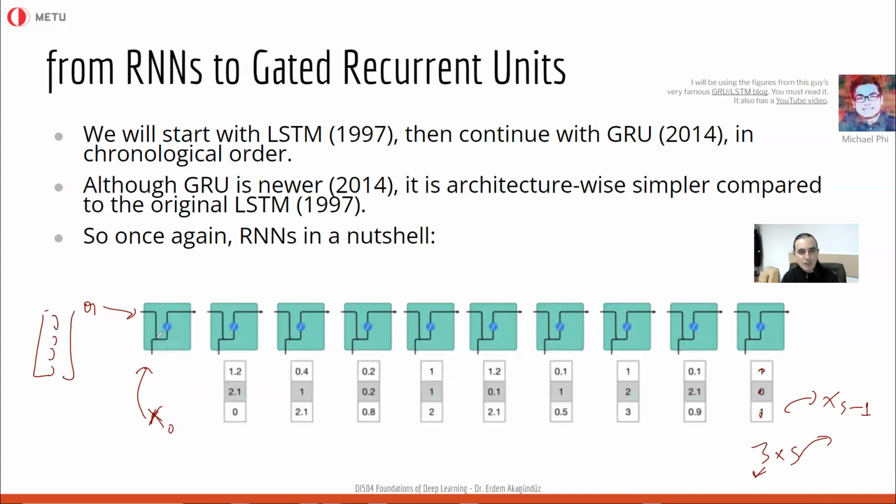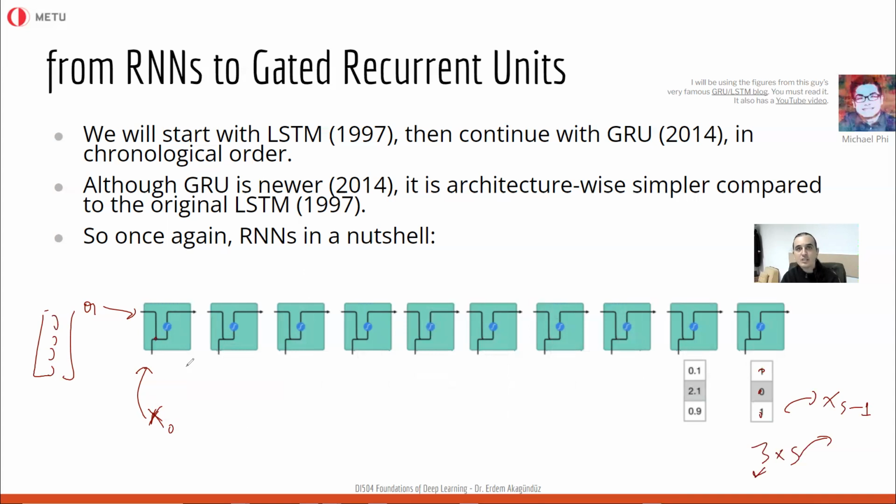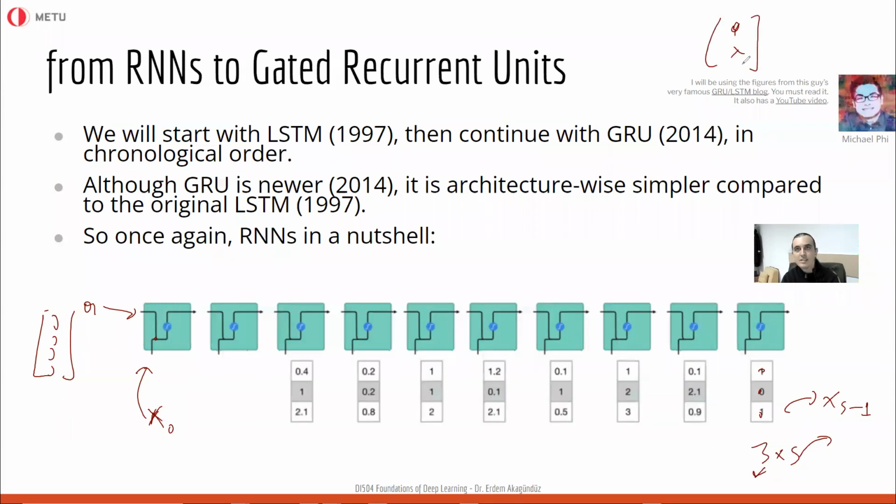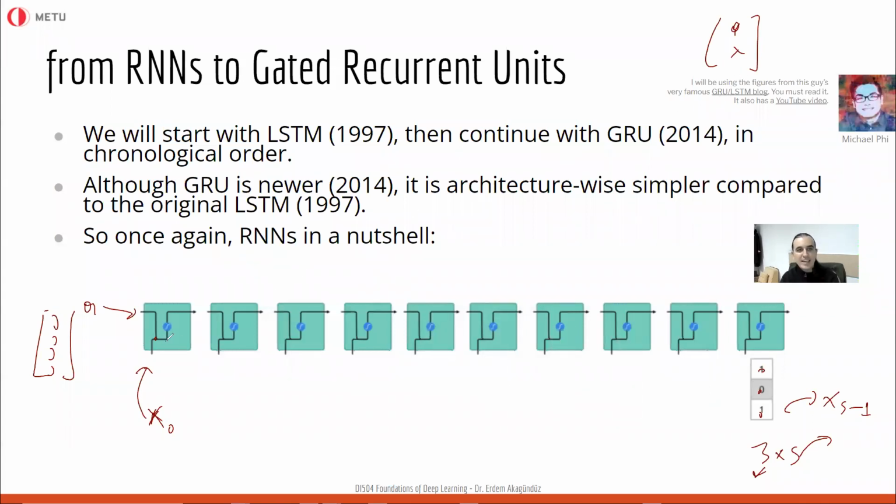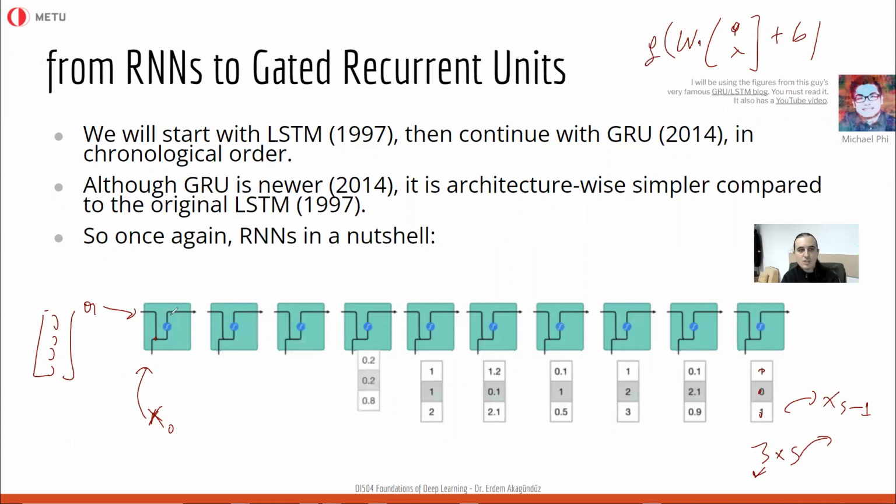What happens here is a concatenation. Remember, A and X were concatenated. They become one vector, and I feed that to an activation function, which inside has a weight plus bias and an activation function, which is this part.